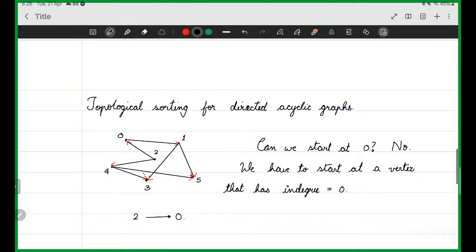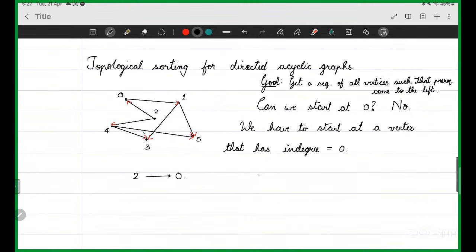The goal is to get a sequence of all vertices such that prerequisites come to the left of whatever they are prerequisites for.